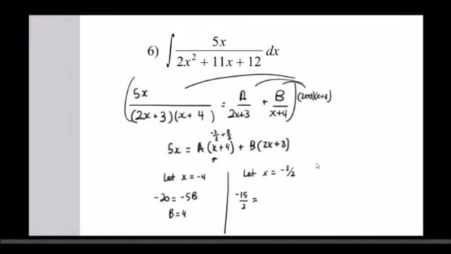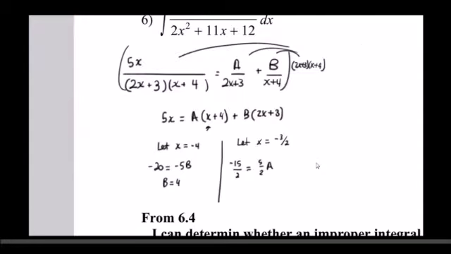So that turns into 5 halves A. And again, the B would have disappeared. Trying to get A by itself, we can multiply by 2/5. The 2's cancel on the top and bottom. Negative 15 divided by 5 is negative 3, so A equals negative 3.